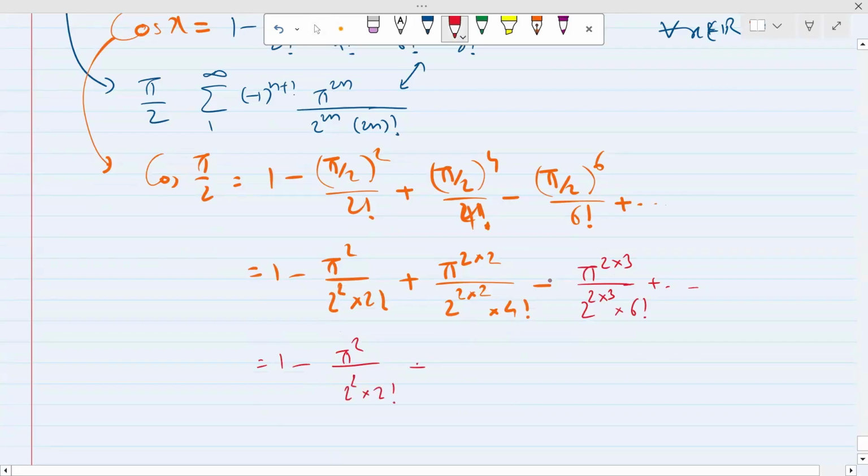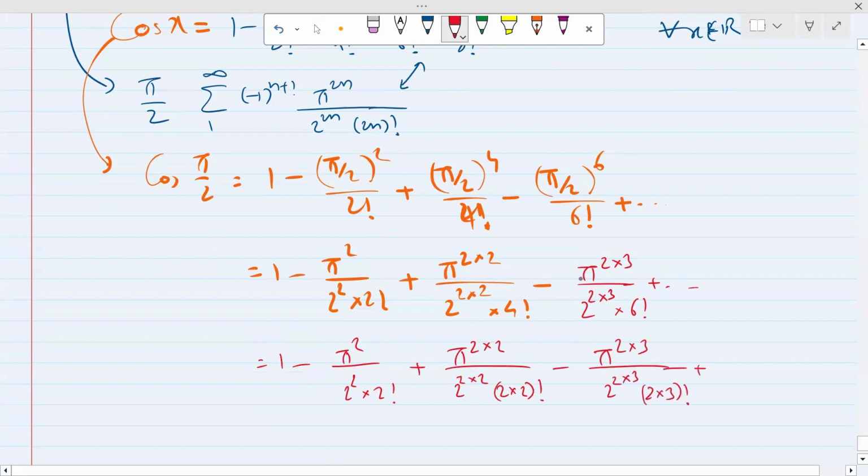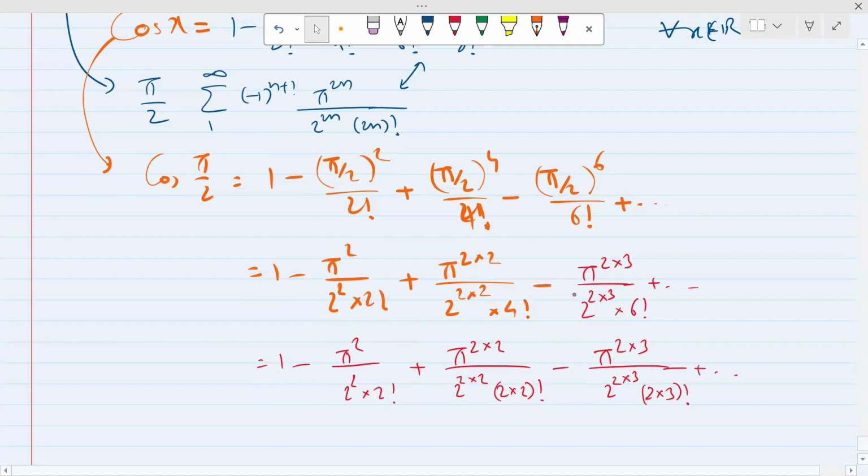Did you get the required sum? Does this correspond to this? Yes, only taking a minus.